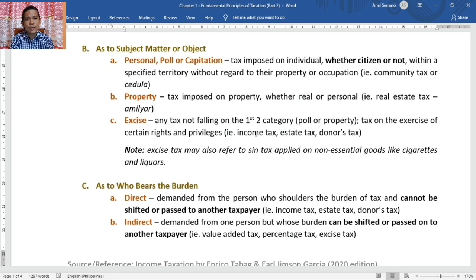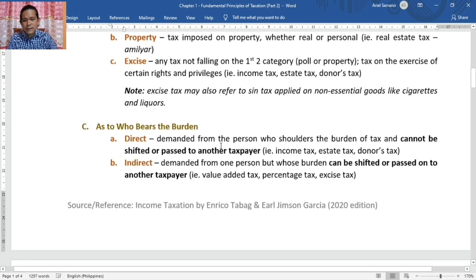Now, take note lang kasi yung excise tax, it may also refer doon sa sin tax na ina-apply doon sa mga non-essential goods like yung mga sigarilyo at saka mga alak. So, yun din kasi yung tawag natin doon. Sin tax or excise tax, yung binubuwis doon sa mga sigarilyo at alak. At iba pang mga non-essential goods.